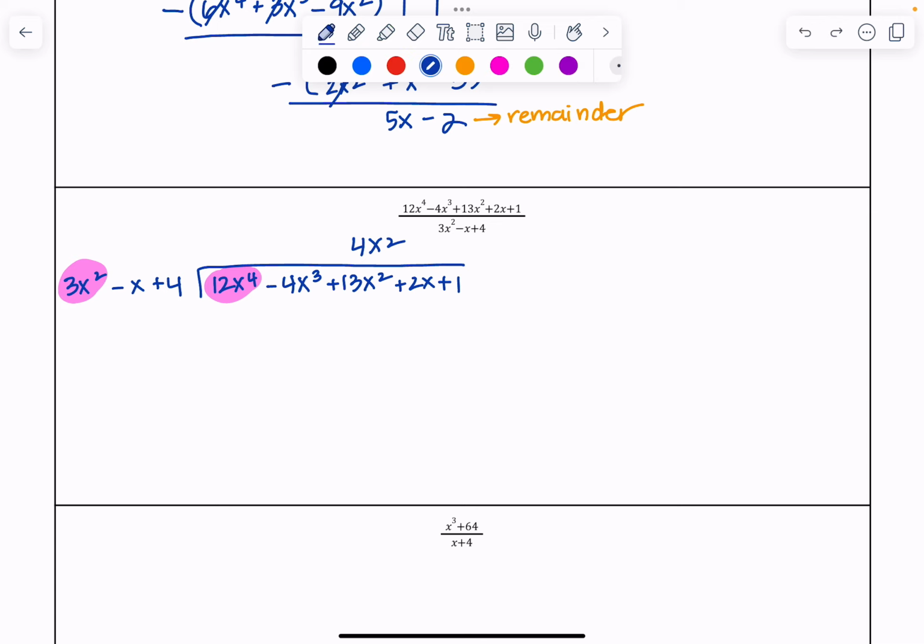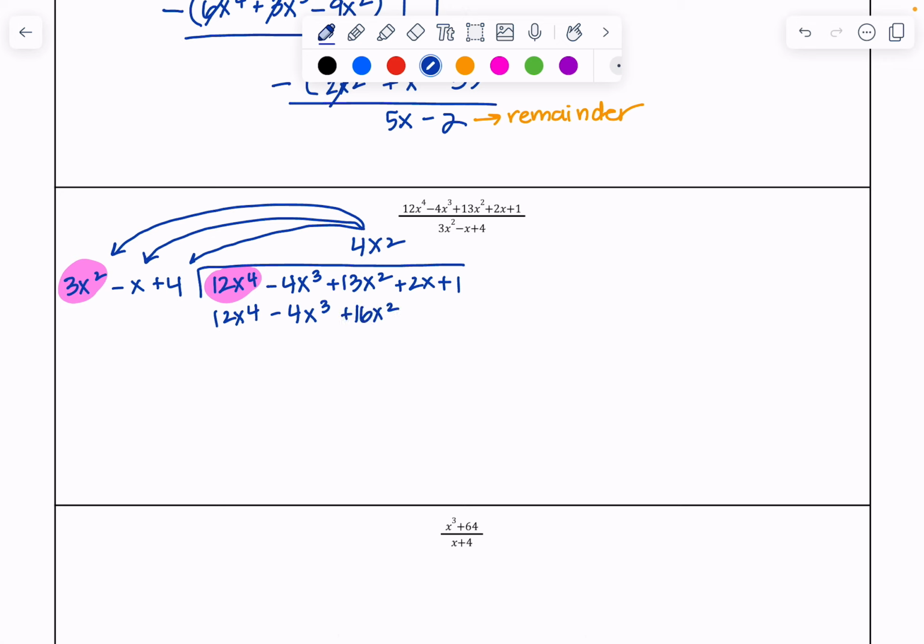And I'm going to distribute: 4x squared times 3x squared would be 12x to the fourth like we wanted. 4x squared times negative x would be negative 4x cubed. 4x squared times 4 would be plus 16x squared. So this one ends up being very similar to the first one. So I'm going to subtract.